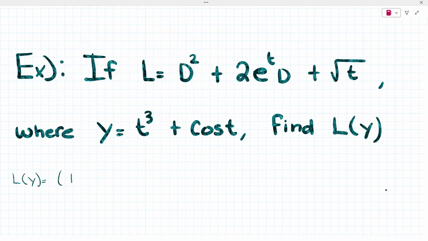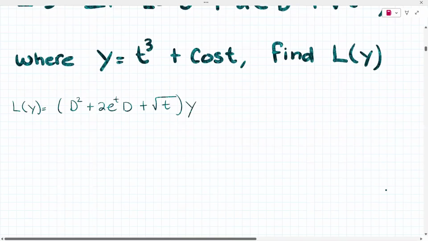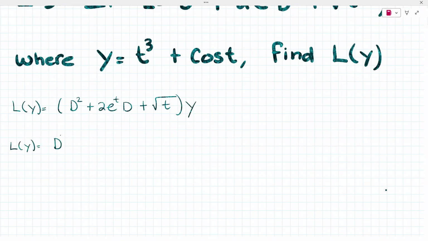So it's basically d squared plus 2et d plus square root of t times y. Okay, and then if you FOIL out that y, you're going to get d square y plus 2et dy plus square root of t y. Okay, so all I did was multiply d with y, and then I FOILed out that y.